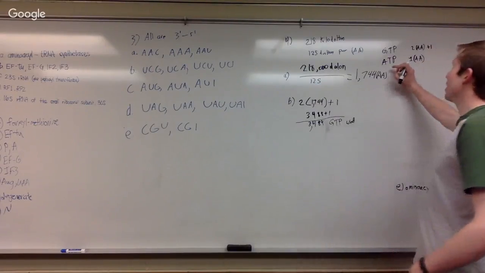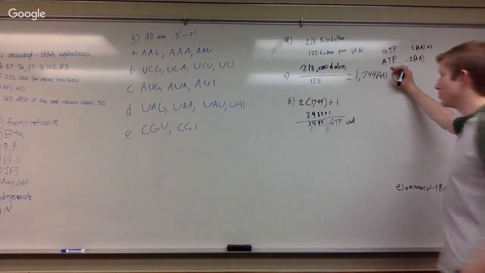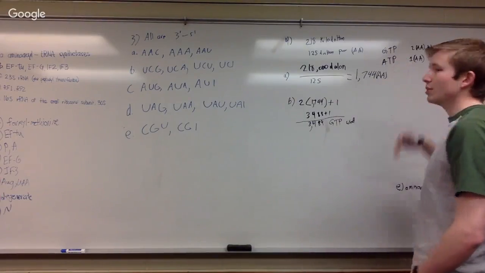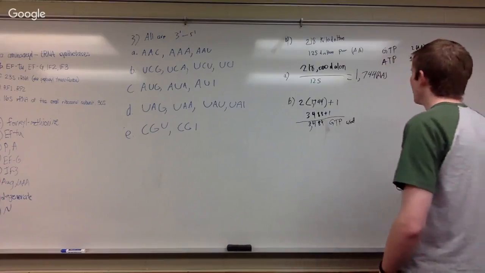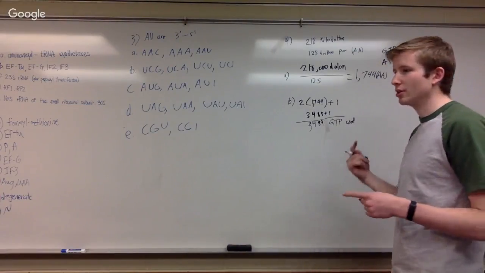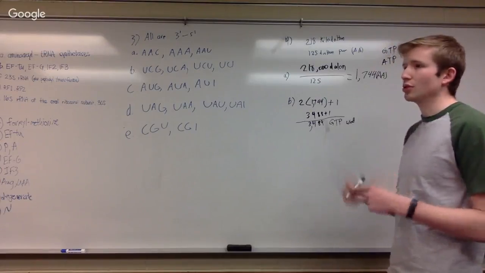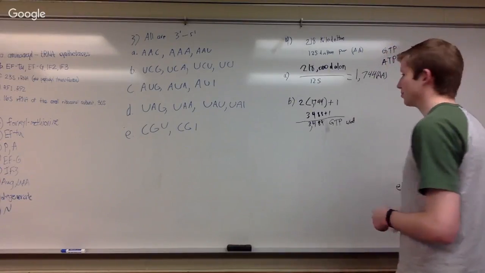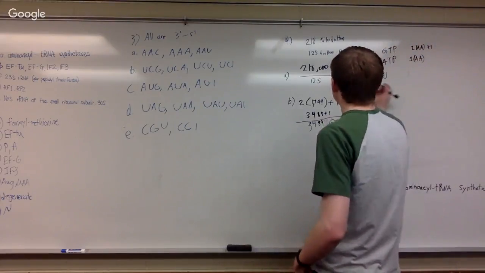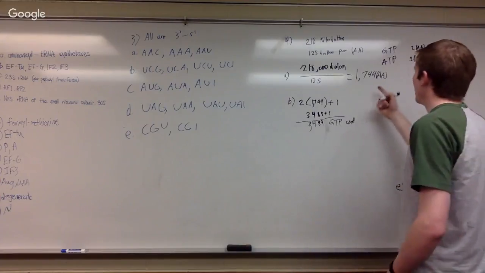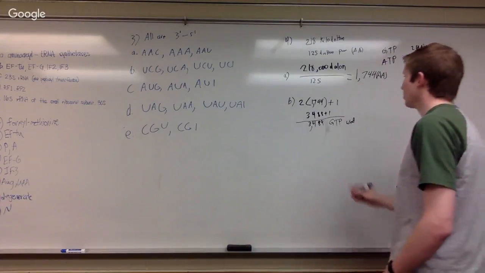And then we want to figure out how much ATP is needed to make the same protein. Now ATP, there's only one ATP that's used per amino acid because each tRNA is linked up to an amino acid, and to charge those tRNAs with that amino acid, it just takes 1 ATP. And so it's 1 times how many amino acids we have, and we have 1,744.